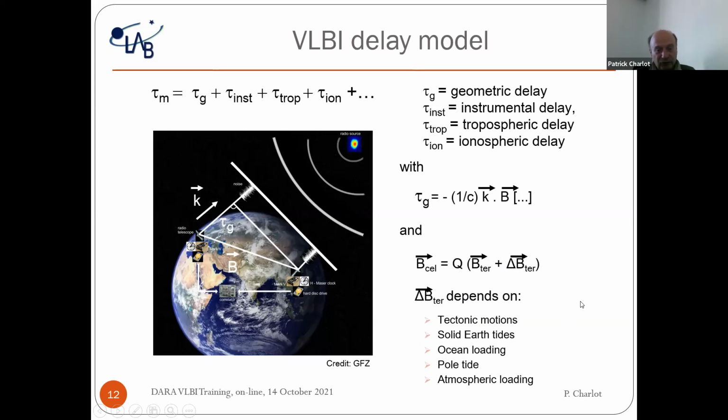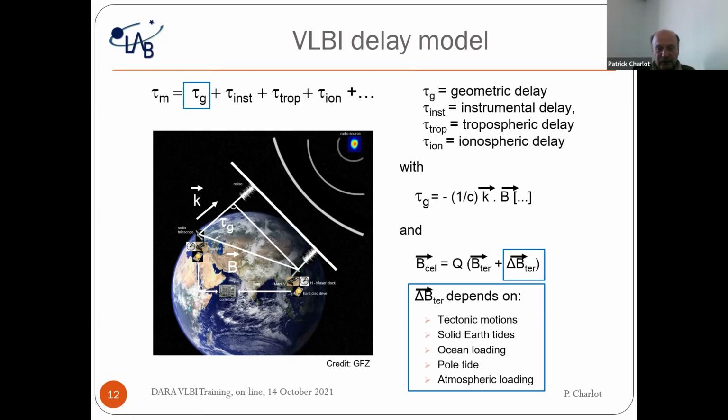You have tectonic motions, tides, what we call ocean loading, which is also related to tides, and something related to the atmosphere. So basically, you need to apply a number of corrections to your baseline vector, known with respect to the Earth center.